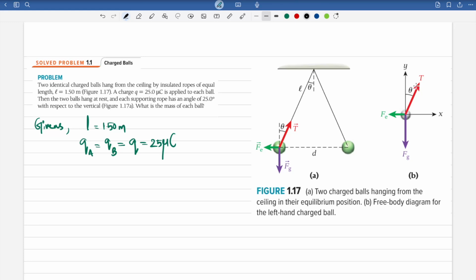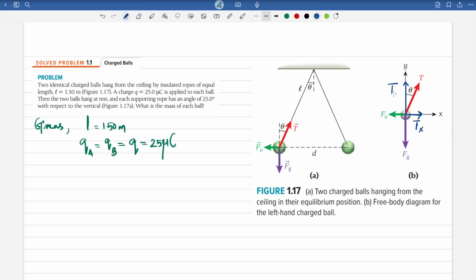But tension is not on x or y, it's between x and y. So we need to find the x component and y component of tension. I will draw the x component and y component of tension. The x component will be along the x-axis in this direction, and the y component will be vertically upwards along the y-axis.